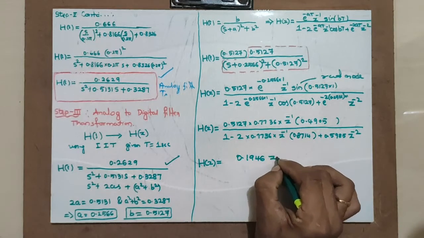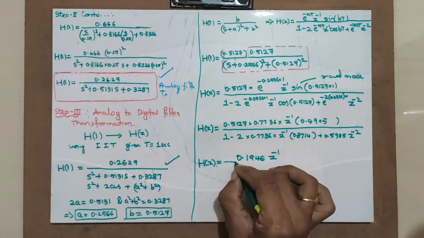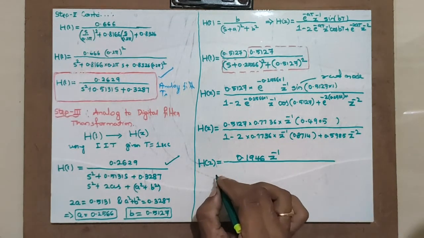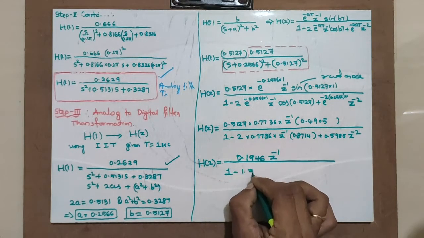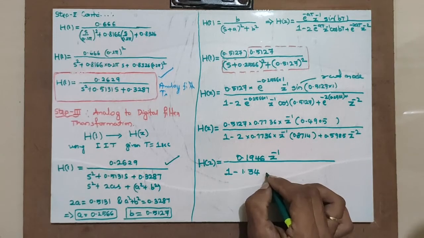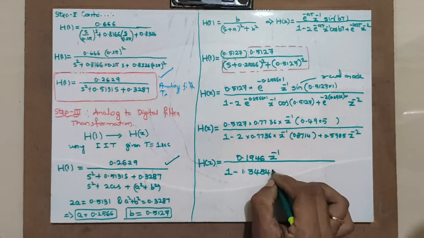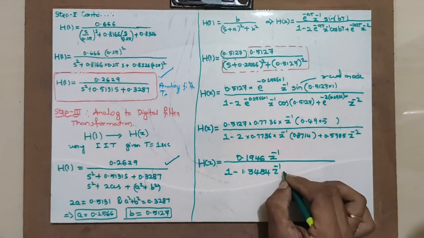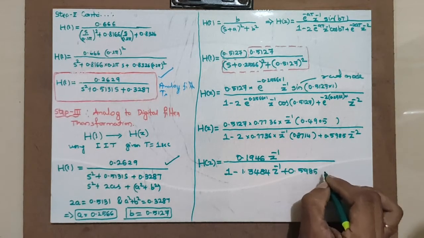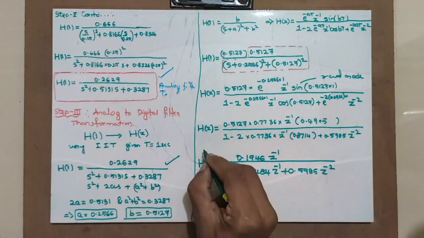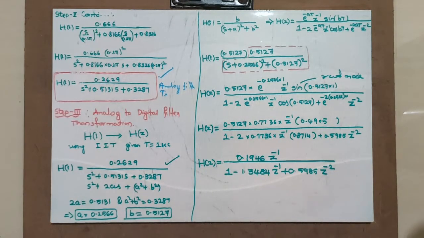I will write the final answer: 0.1946 z raised to minus 1, whole divided by 1 minus 1.3484 z raised to minus 1 plus 0.5985 z raised to minus 2. This is my final H of z answer.